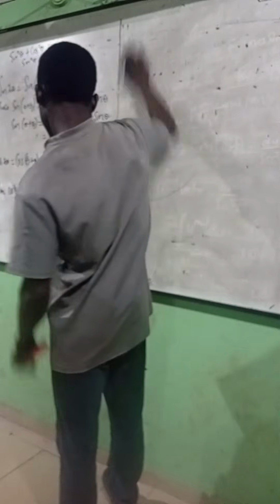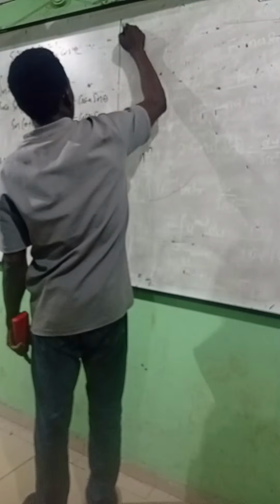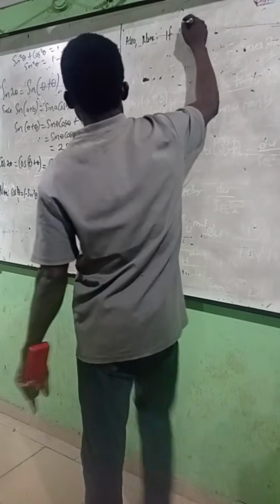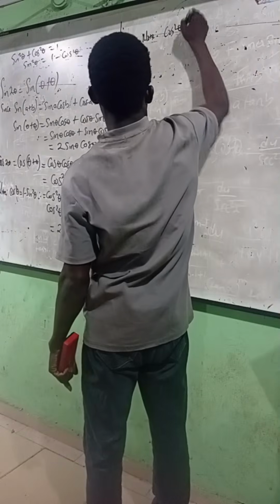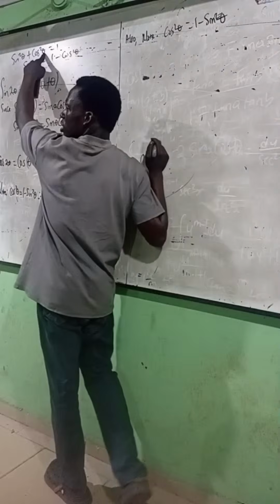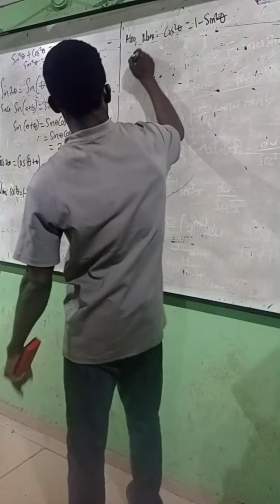Now, note cos square theta equals 1 minus sin square theta, so we make cos square theta the subject of the formula. We have 1 minus sin square theta. Let's substitute into this.